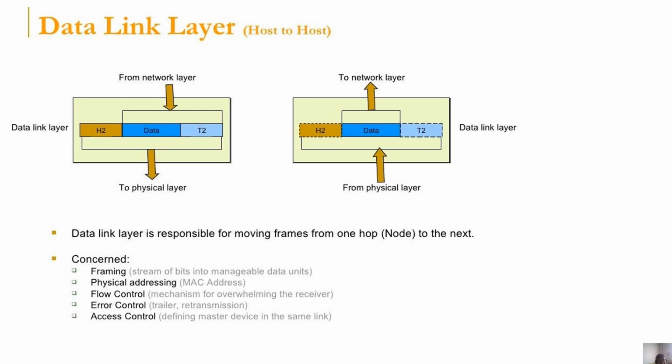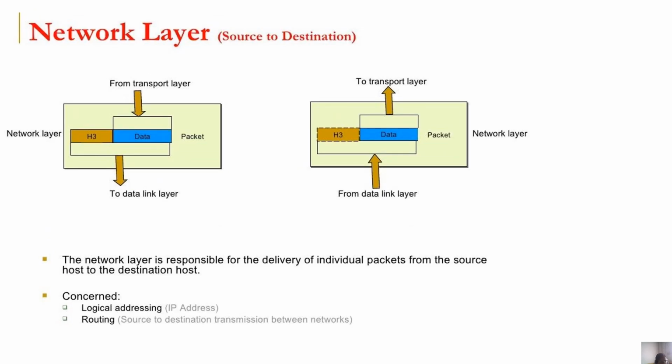The data link layer is responsible for moving frames from one node to the next node which is directly connected to it.